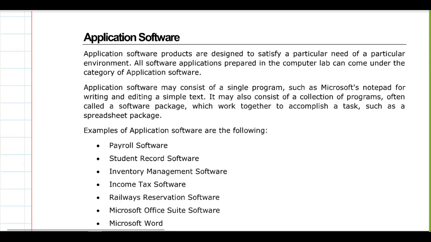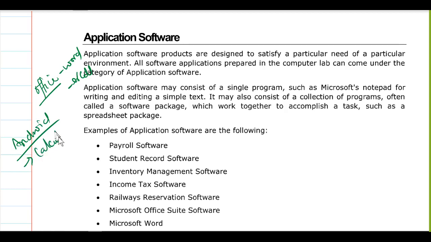Application software is designed to satisfy a particular need, and examples are many. If you go to a computer, you talk about Microsoft Office or Microsoft Word. You will find Excel, the most common one. If you go to Android, the most common one you find is a calculator, which is application software.